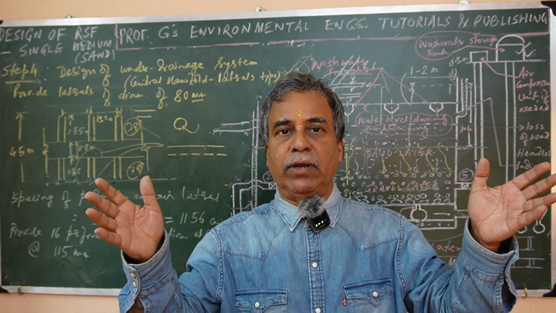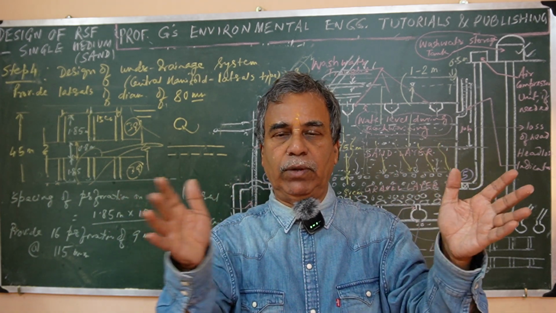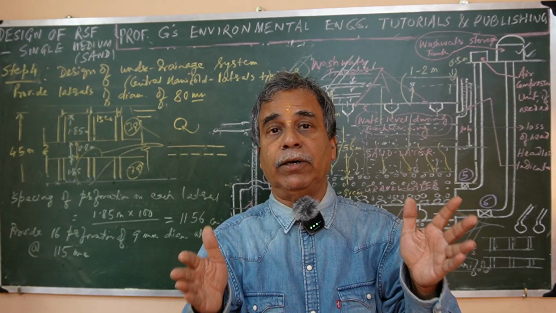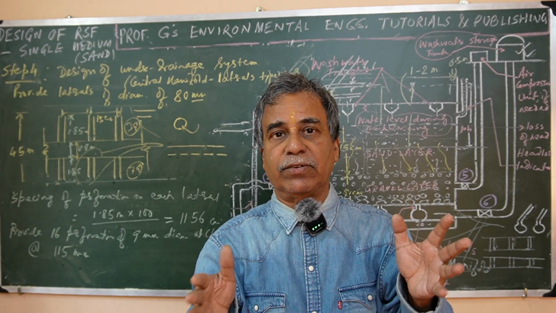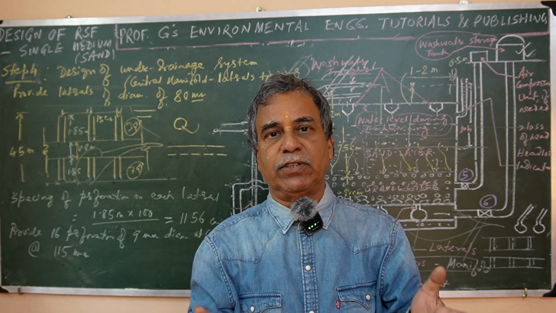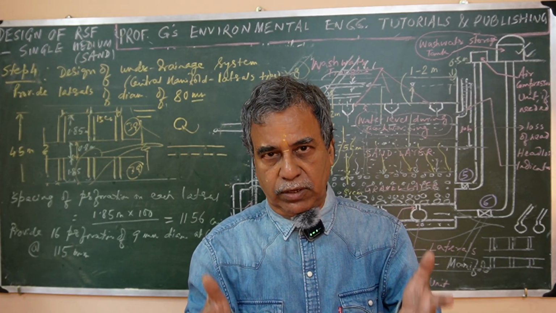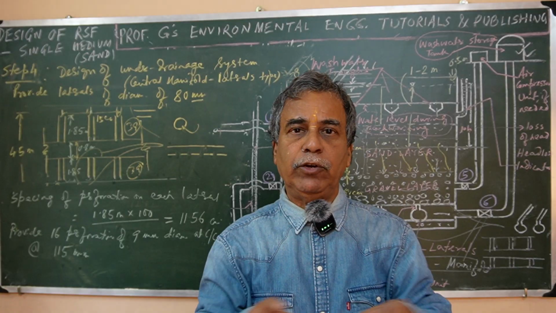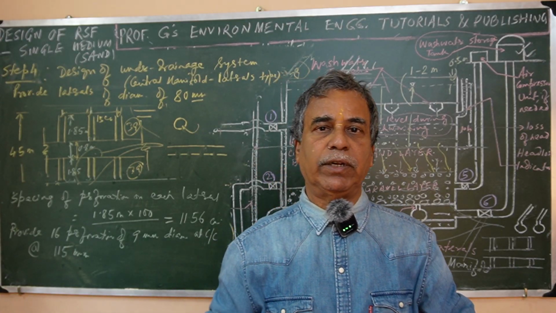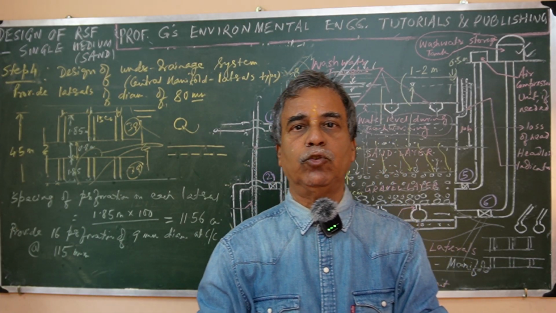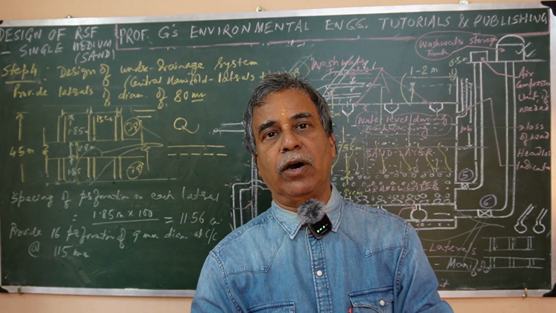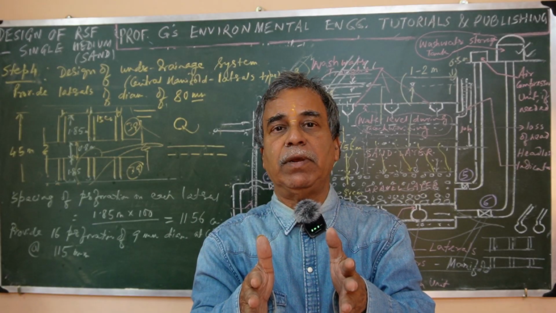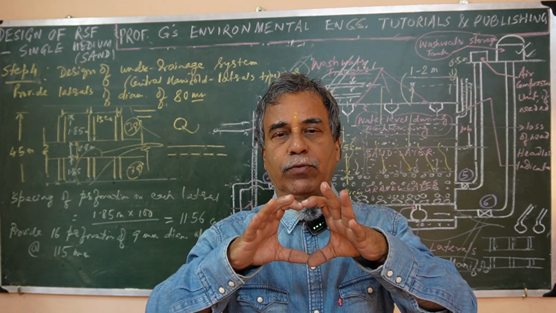To avoid that we should be careful, because otherwise the laterals will be structurally weak. They may be broken or collapsed, leading to structural failure and the entire under drainage system becoming non-operating and non-functional. That is why we have placed the manifold system at the middle.